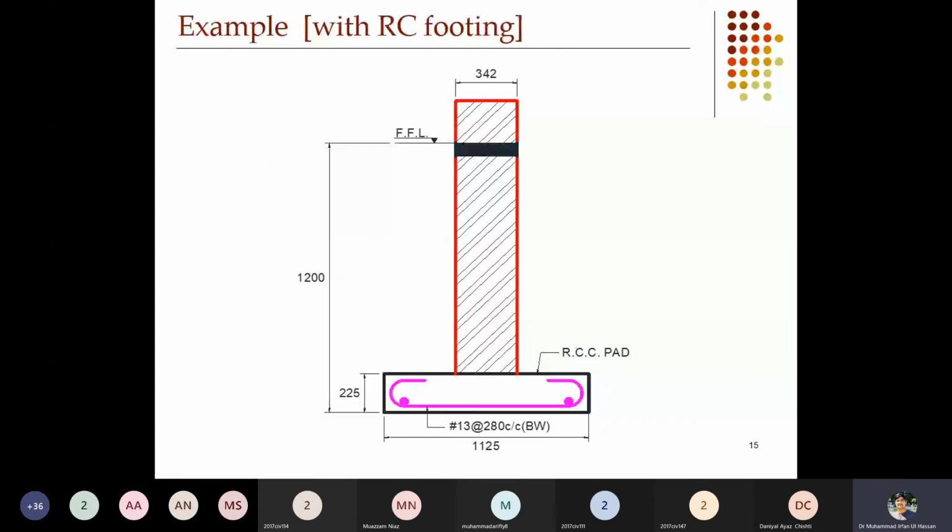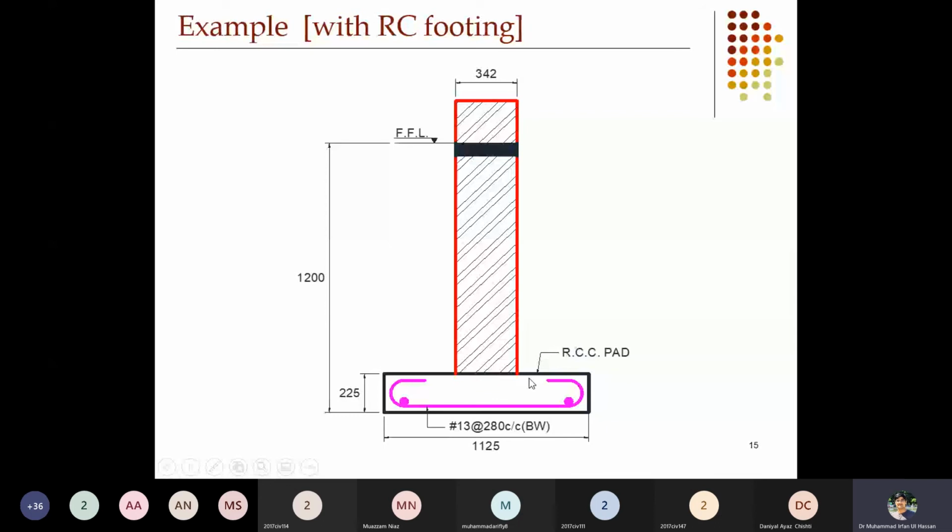In this way you can make the hook at the end of the RCC footing. The development length critical section is at this point, and beyond the critical section, if you just provide the bar at the bottom, it doesn't furnish the development length requirement. So you made the double hook for that purpose.